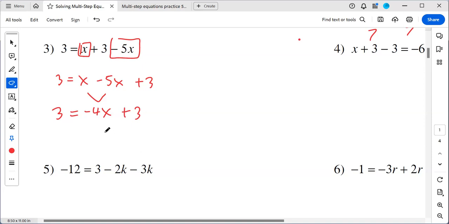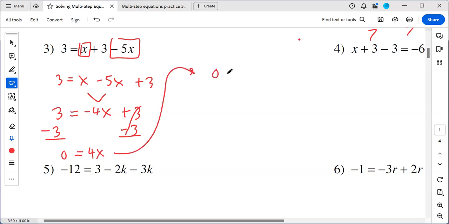Now from here, I don't have any more like terms on either side of the equal sign, so I need to bring all my numbers on one side and all my letters on one side. So if this plus 3 is here, I want to bring it to the other number. So I do my inverse operation, which is what? That's correct. Subtraction. Subtract 3 on one side of the equal sign, subtract 2 on the other. This cancels. I'm left with 0 equals 4x.